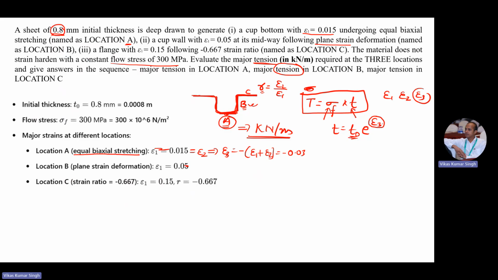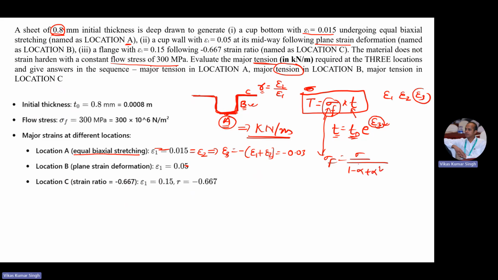Now we have to find out epsilon 3 at all three locations. If we are able to find this, we can find the thickness and put it here. And how to find this value? To get this value, we write sigma f as sigma by square root of 1 minus alpha plus alpha square.